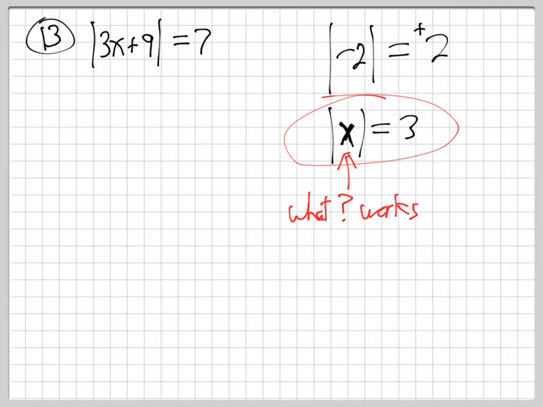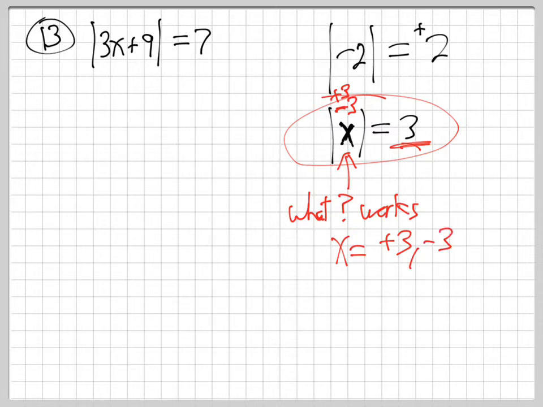What works? Does everybody see you could plug in negative 3 or positive 3, and either way it'd work. It'd make it true, wouldn't it? Because the absolute value would make it positive, right? You could put a negative 3 in there, or you could put a plus 3 in there. Either one, and the absolute value would come out regular 3, wouldn't it? So we actually have two answers. Plus 3 or minus 3 to that simple little equation.